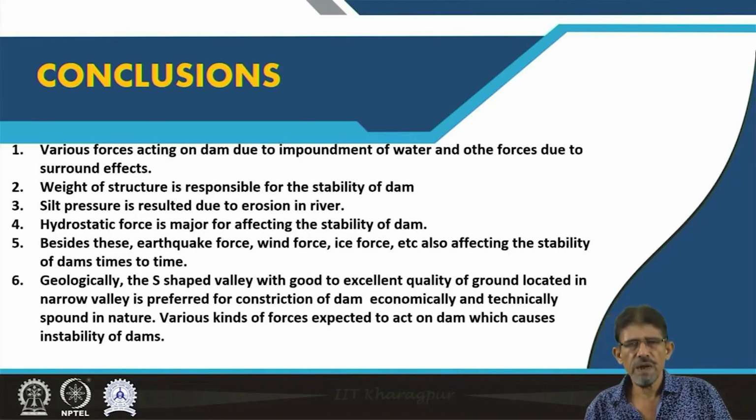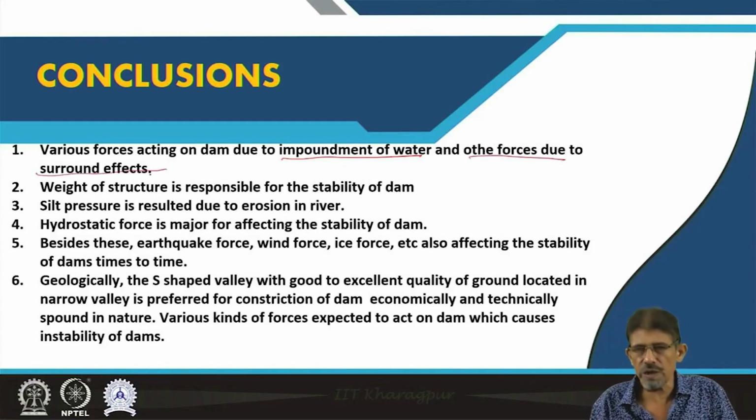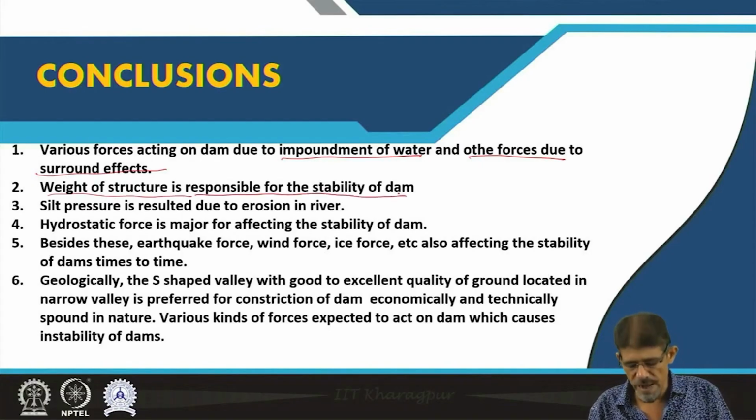Friends, we have discussed in this class various forces acting on the dam due to impoundment of water, both static and dynamic conditions, and other forces due to surrounding effects. Then the body forces due to the structure. The weight of the structure is responsible for the stability of the dam, where the other forces in the tailwater region and others are going to support.